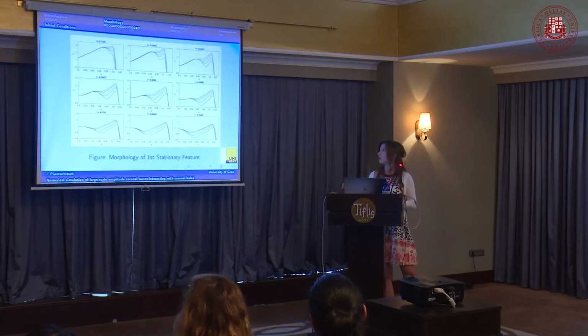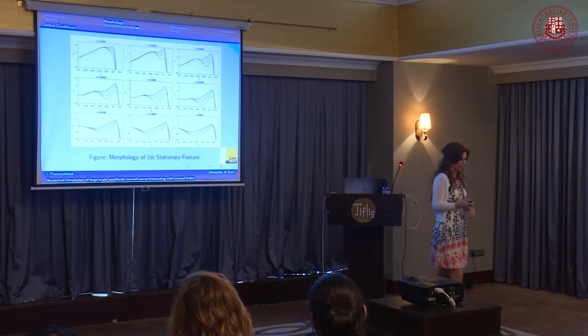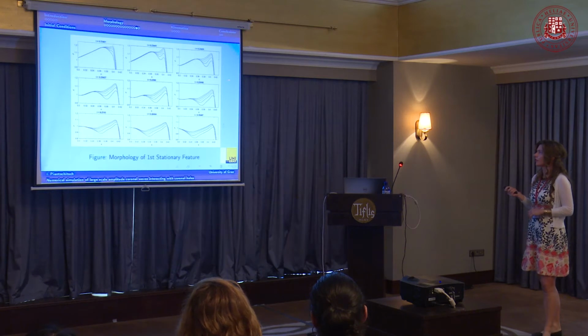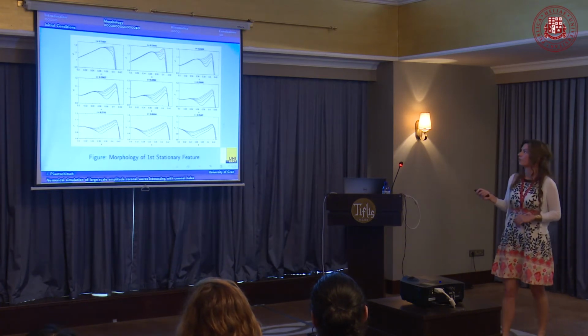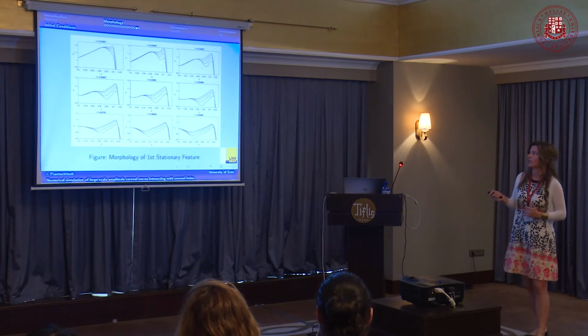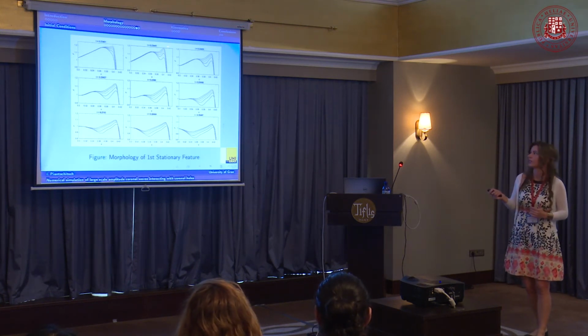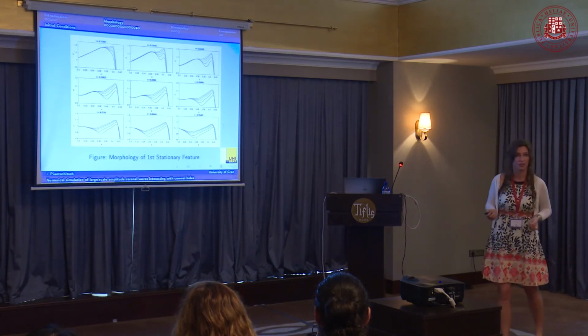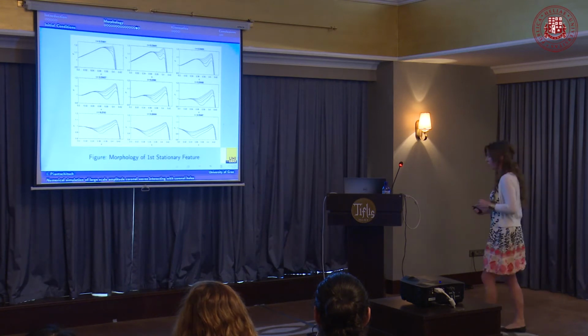We could also look in detail at the first stationary feature. As I said, this blue one is the case for a very small coronal hole density, and we see that the peak value of this first stationary feature is the smallest one, whereas the peak value for the case of large coronal hole density is the largest one.